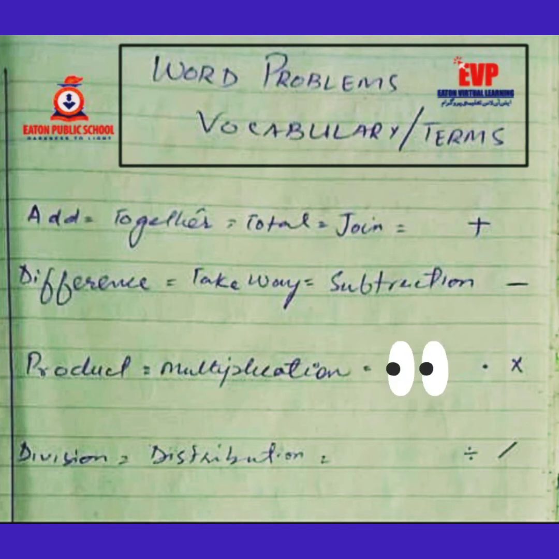Similarly, if you see the words product of, multiplication of, then you are supposed to perform the multiplication operation. If you see words like division, distribution, these belong to the division operation.